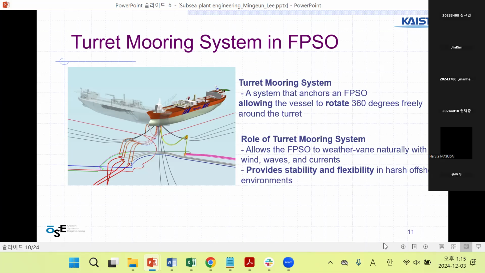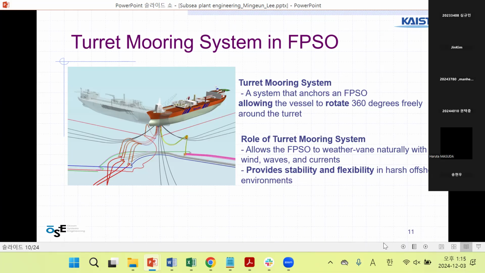It cannot move. But the ship is rotating. So between the turret system and the ship, the gas or oil should flow. But one is moving, the other one is fixed. So there should be some special device inside. Right? That is the function of the turret.